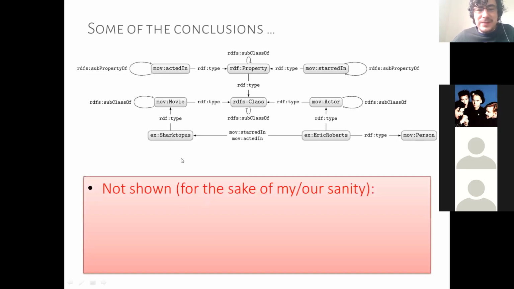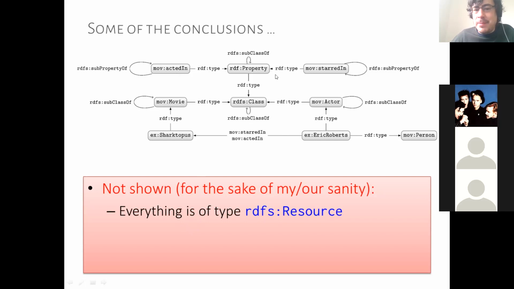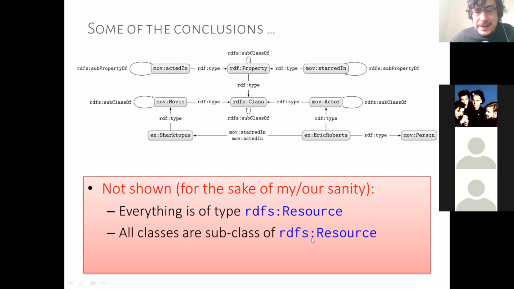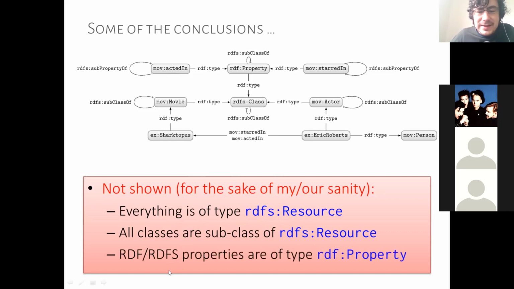We can also conclude some things which are not shown for the sake of our sanity, because we'd have this highly non-planar graph with edges going everywhere. We would also have to include that everything is of type RDFS resource, including the properties and classes. We'd have to infer that all classes are subclasses of RDFS resource, because clearly if something is an actor, it is a resource. So that means actor is a subclass of resource. And all the RDF and RDFS properties are of type RDF property.